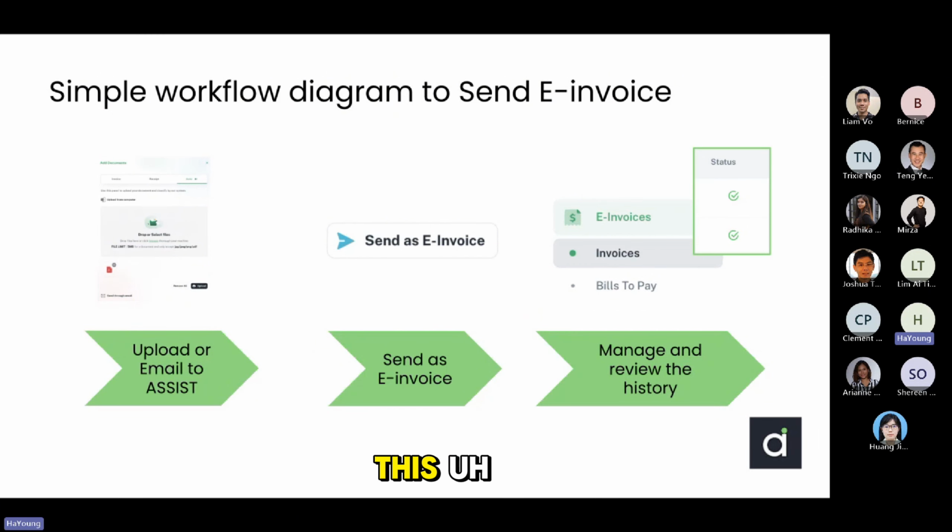To send the e-invoice, first is our normal Assist workflow, where the user uploads or emails their invoices to Assist. There will be a button on the top right hand corner to send as an e-invoice. Once it's sent, they will be able to manage and review the history of the e-invoice.